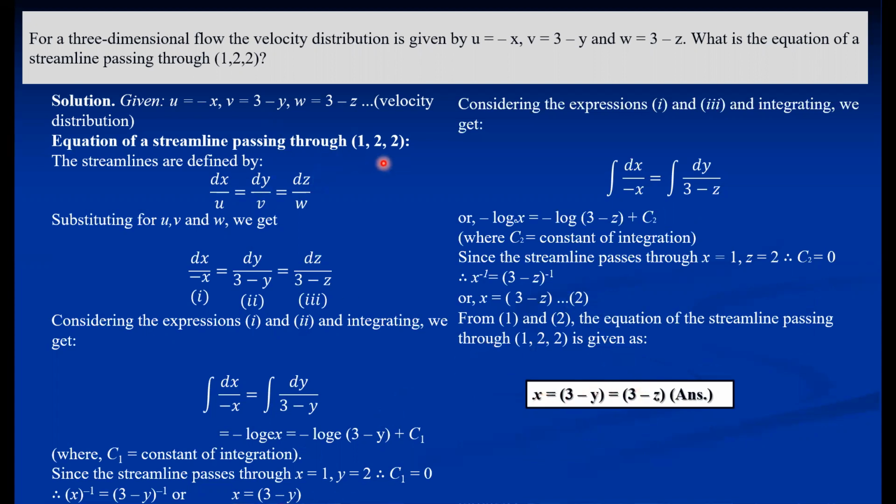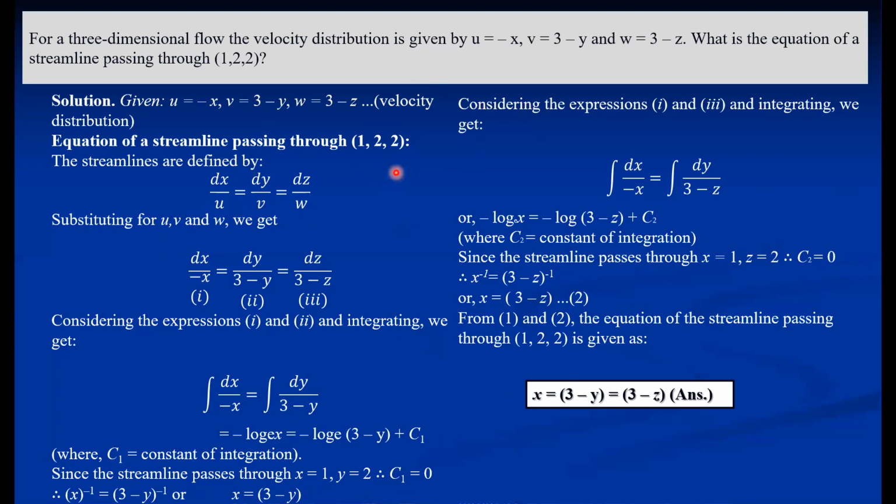The coordinates are given for calculating the constants. In both cases the c1 value is coming 0, though in some cases it may be non-zero. This is a type of example that can be asked for streamline.